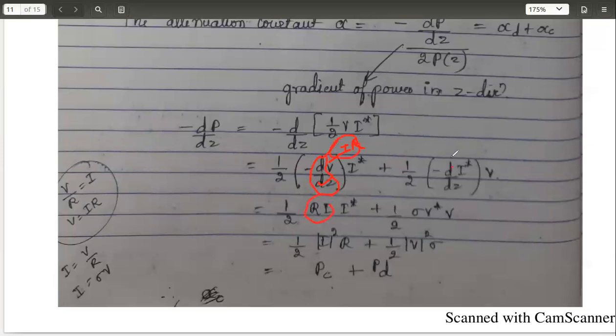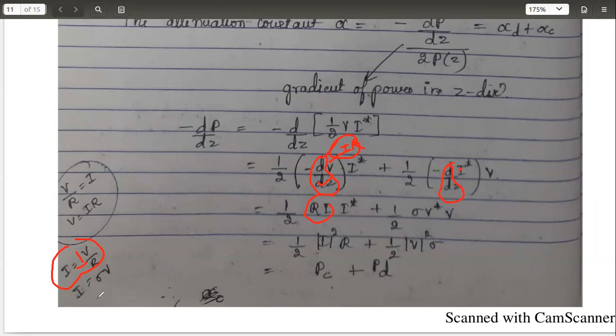And here also, you have I equal to V by R, or what is 1 by R? Conductance, right? Reverse of 1 by R, resistance and conductance. So that is, I have written sigma V. So again, ignoring this differentiation, the change is very little. So I have taken this, instead of I star, I have taken this conductivity into V star.